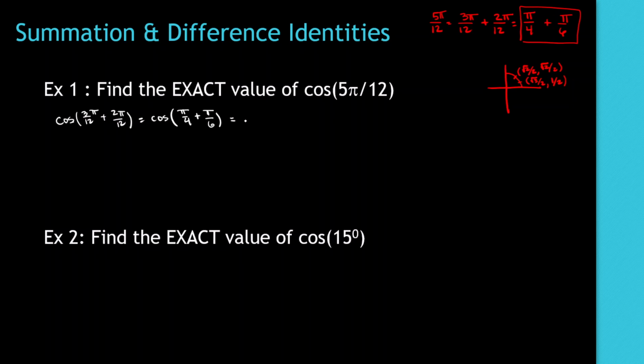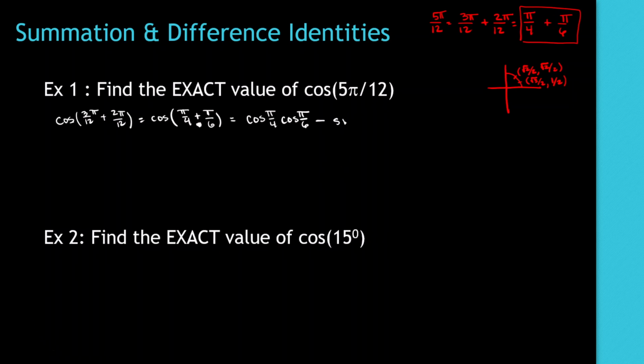So now we're going to break this out into our formula. We're going to do cosine of both of those angles. This is a plus sign, so I'm going to do minus because cosine goes to the opposite there. And now we're going to do the sine of both of those angles.